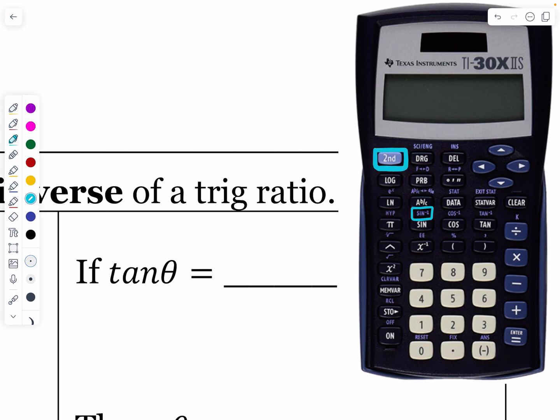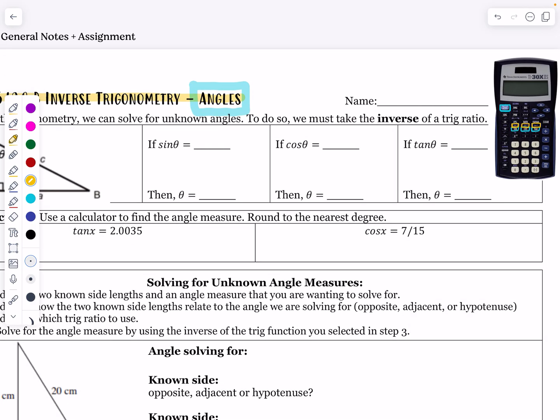So you click the second button, click the sine button like normal, and inverse sine will pop up. Same thing for inverse cosine and inverse tangent. So you're still pushing sine, cosine, and tangent, but it's the inverse function that pops up above it. You click the blue button, then the normal sine, cosine, or tangent, and it gives you the inverse. We're going to be working with those buttons today.